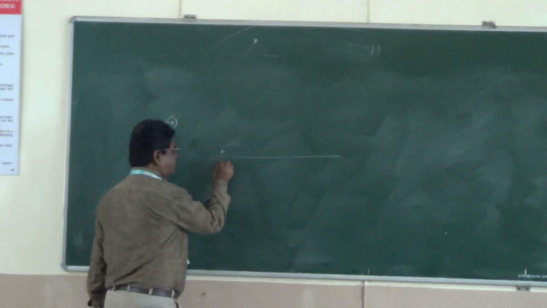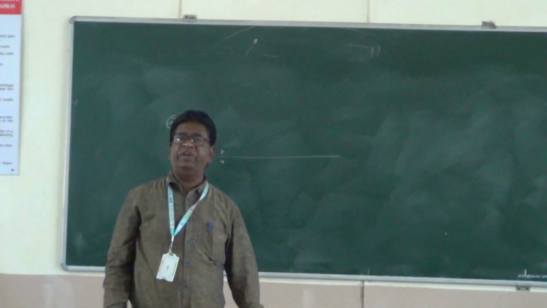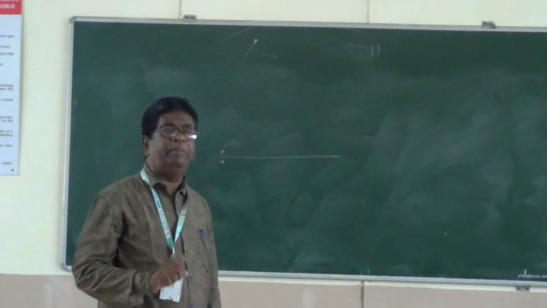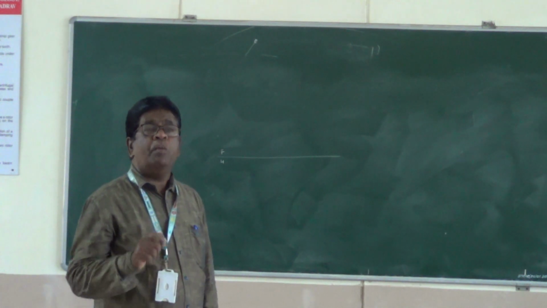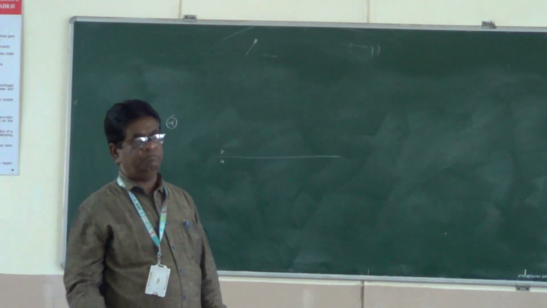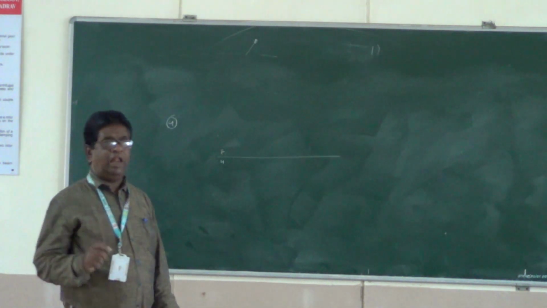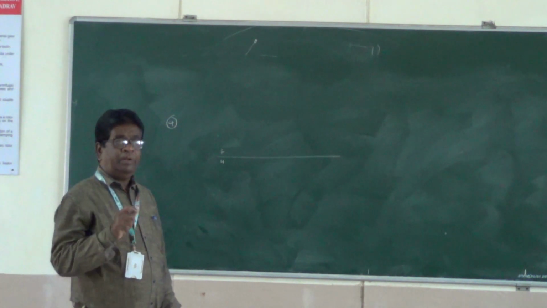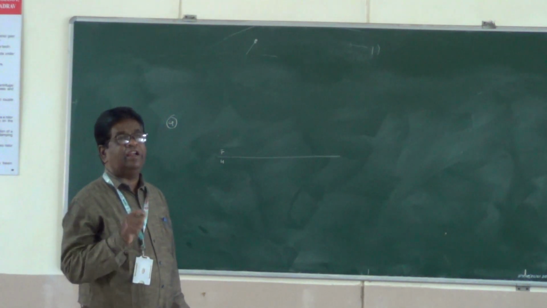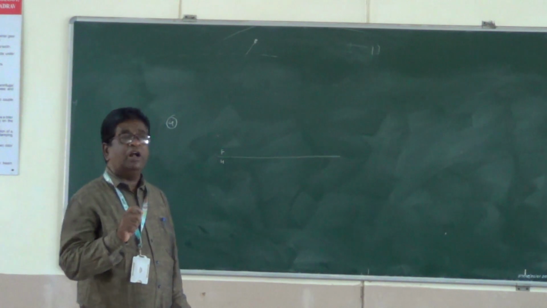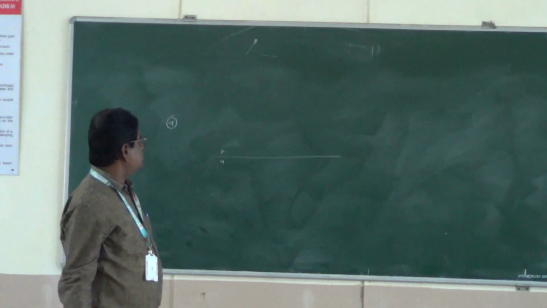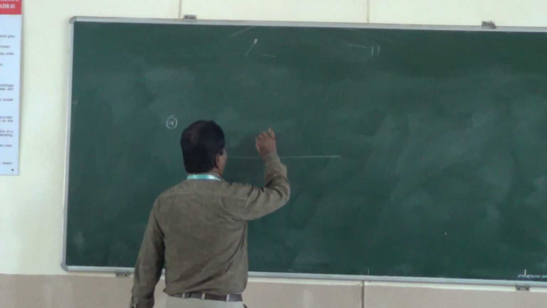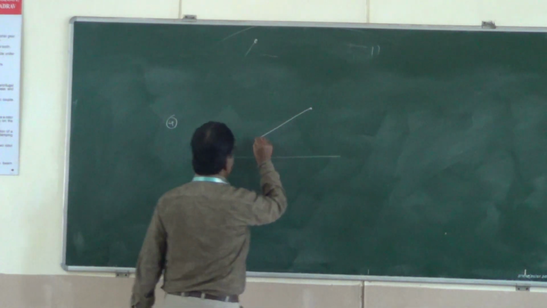Okay. Now suppose a line of 50 mm length is parallel to VP and inclined 40 degrees to HP. Once again listen. A line parallel to VP and 50 mm long and inclined 40 degrees to HP. Complete their projections. So the solution of this is you take any point here, you draw this.